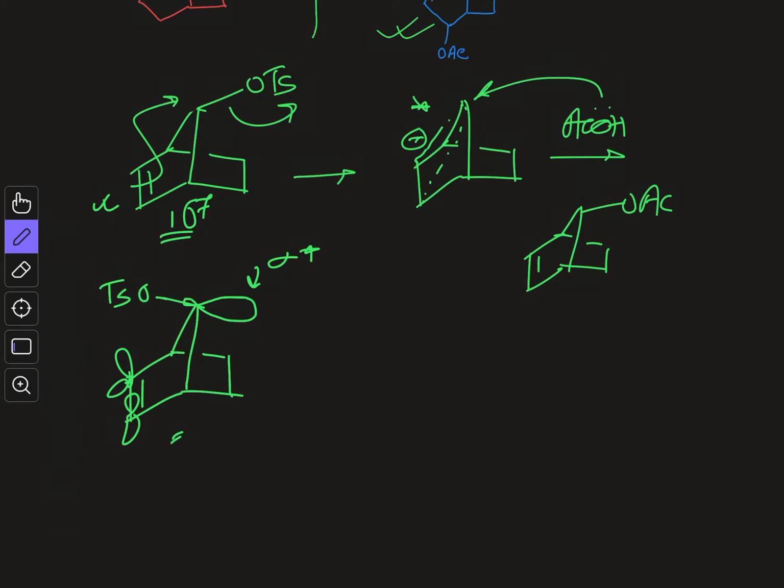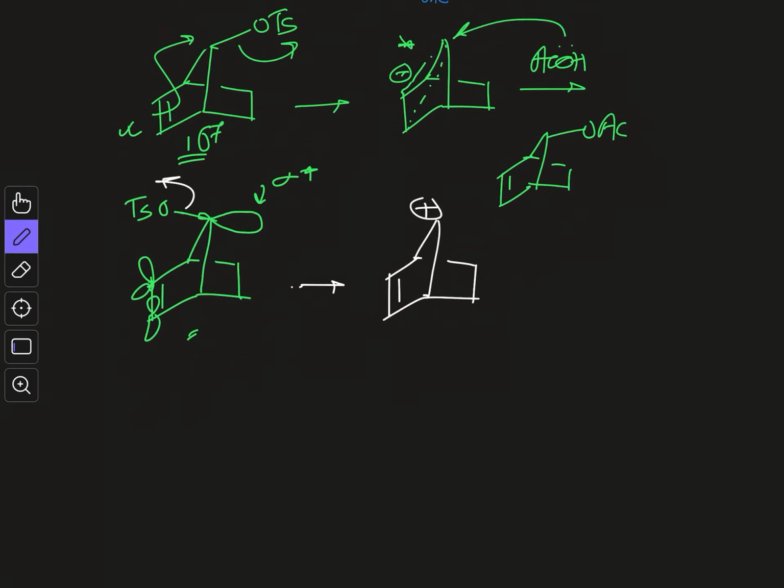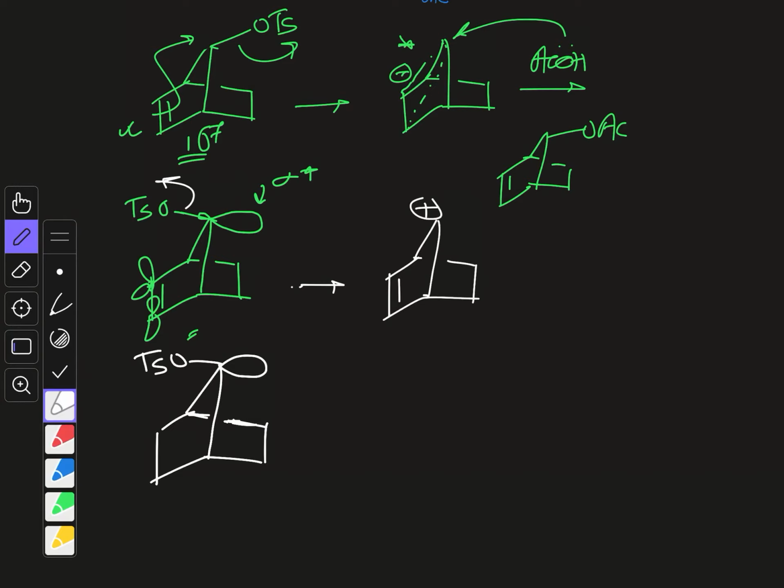So in this case two things can happen. Normally this OTs can leave like this, and you will have positive charge over here. Or, which is more likely, if you look carefully at the structure, here you have the sigma star of this OTs bond, and now if you look at this particular bond, which is represented in red, these two are parallel.